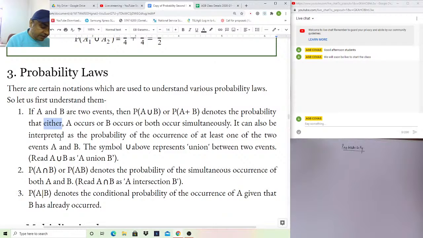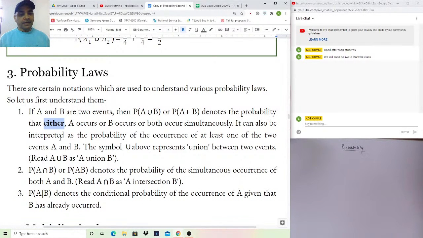The words are very important in probability: either, or, plus, and this union. If you get this union or plus or either or, you have to use this.